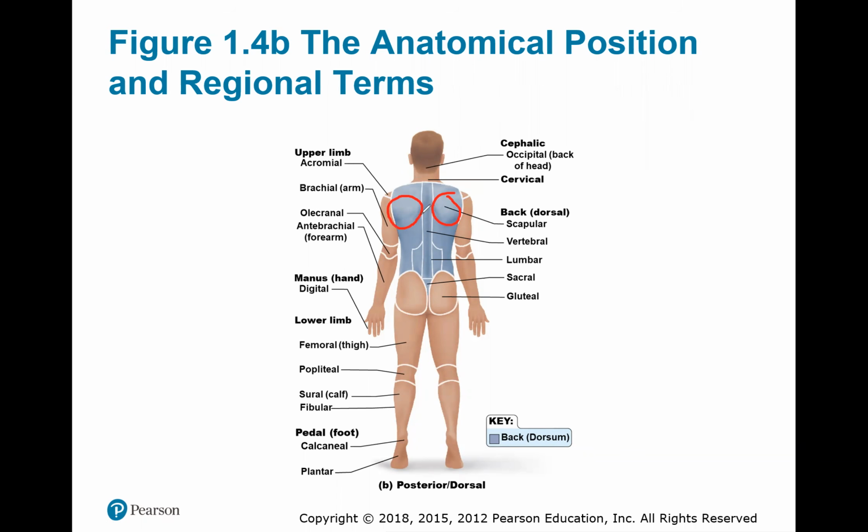So when we discuss bones, you'll hear the term scapula. When we think about where our vertebrae are found, this is called the vertebral region. And we'll discuss that there are different types of vertebrae within. We have cervical, thoracic, and lumbar. If you get to the loin or the lower back, we refer to it as the lumbar region.